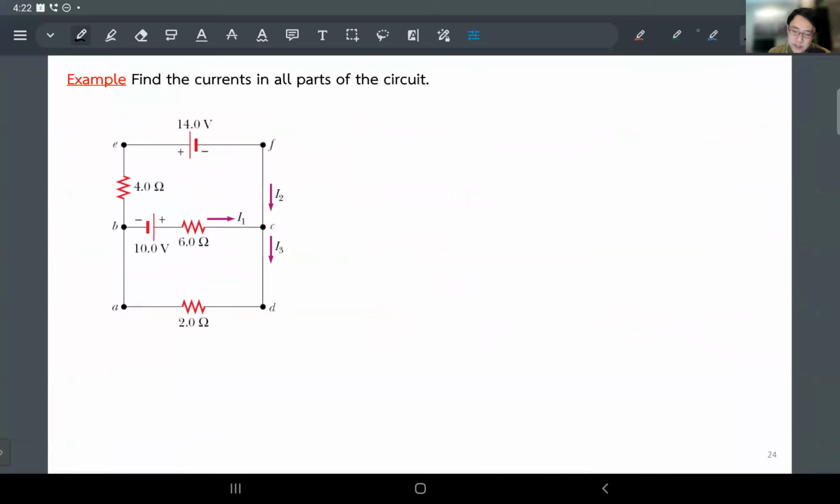So this one, I think this is a nice DIY, but you're going to repeat this over and over again. You can call this a 2-loop circuit, even though you can pick 3 kinds of loops here, but you can see that there are 2 loops connected. So as long as you have only these 2 loops, you are going to have 3 unknowns in your equations.